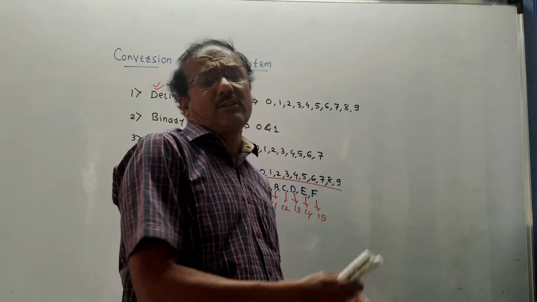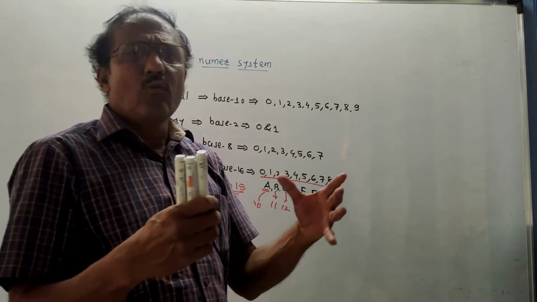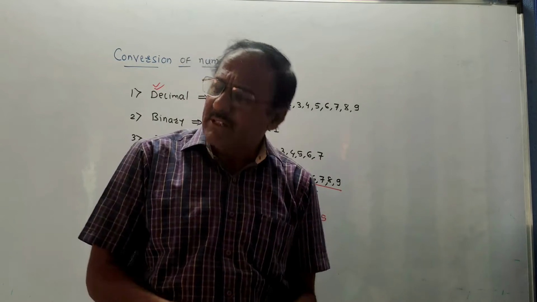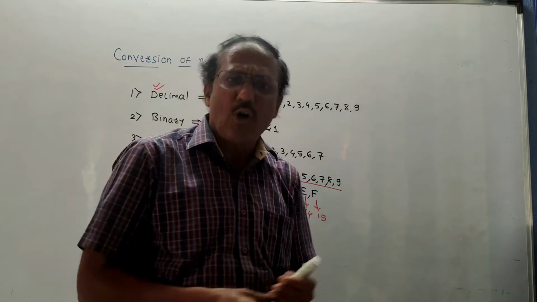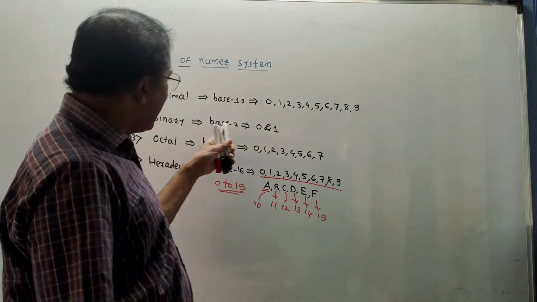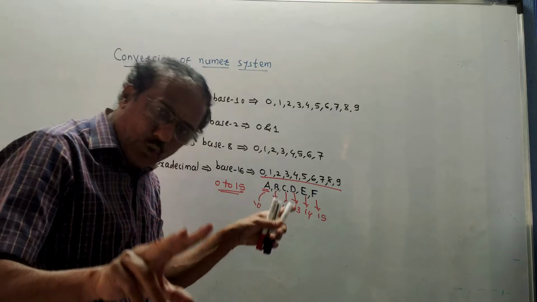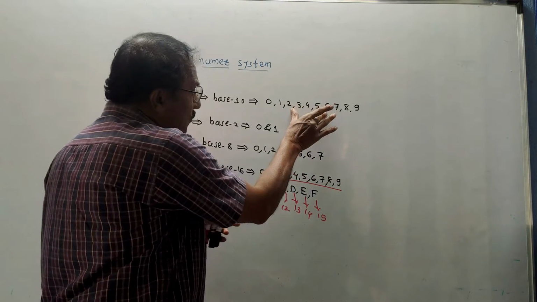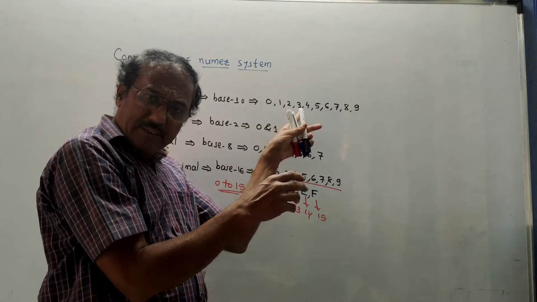The very basic question arises, why should we learn this conversion of number systems? A very simple application I will tell you. In mobiles, laptops and digital technologies, the binary number system is used, where only two digits, zeros and ones, are used. But we are habituated to working in the decimal number system.